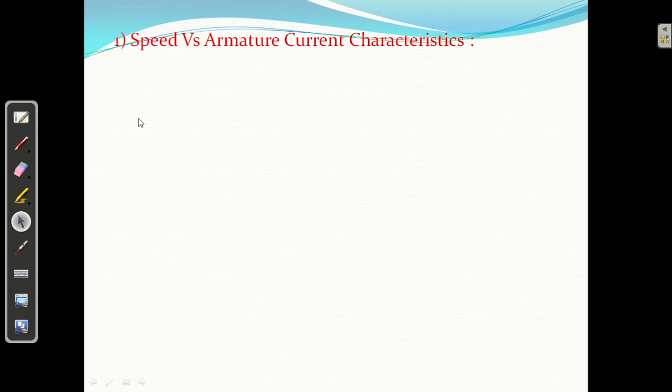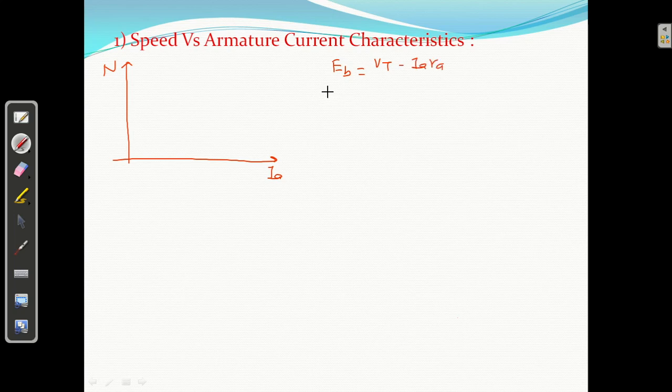So first one is the speed versus armature current characteristic. Let us say speed N versus armature current. We know EB equals Vt minus Ia Ra. EB equals K N phi equals Vt minus Ia Ra.